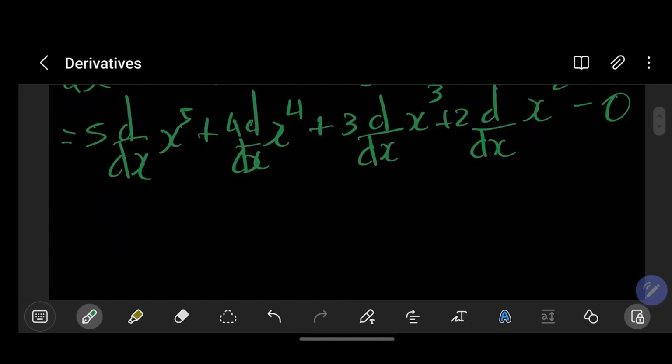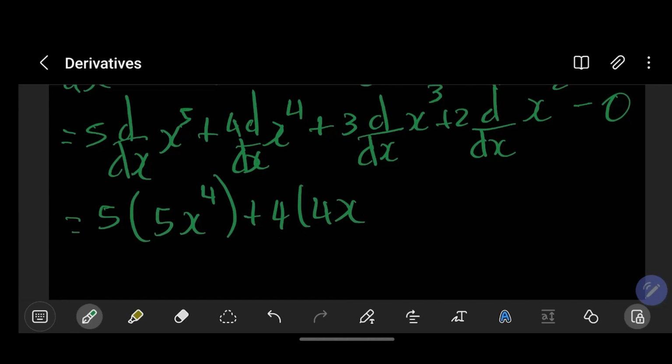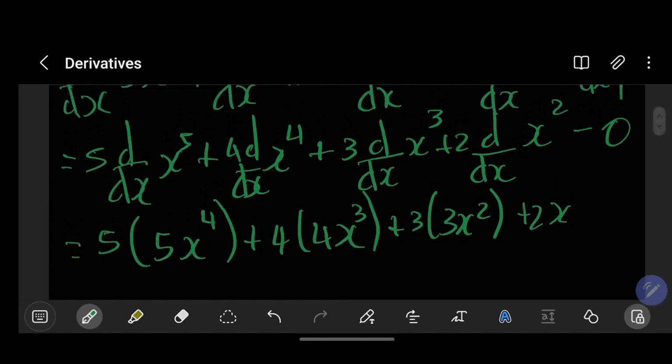So if we are taking this further, we're going to have this as 5 into 5x, 5 minus 1 is 4, plus 4 into 4x, 4 minus 1 is 3, plus 3 into 3x, 3 minus 1 is 2, plus 2x, 2 minus 1 is 1.